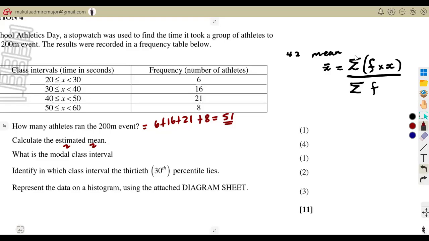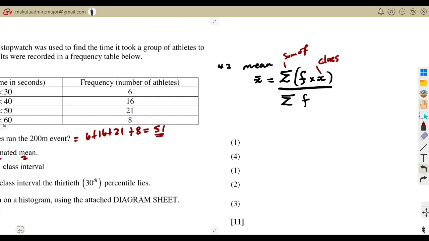So this simply means sum of. Sum of. So we have frequency, and this X is your class midpoint or class center. Or our class center. This is grouped information, remember. So this was going to give us the mean.